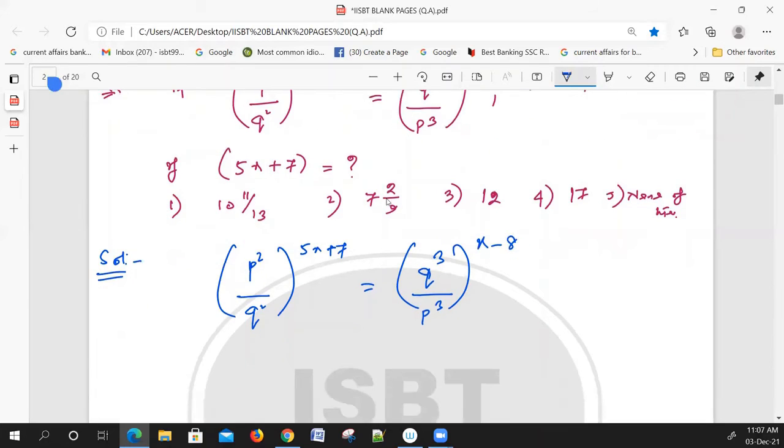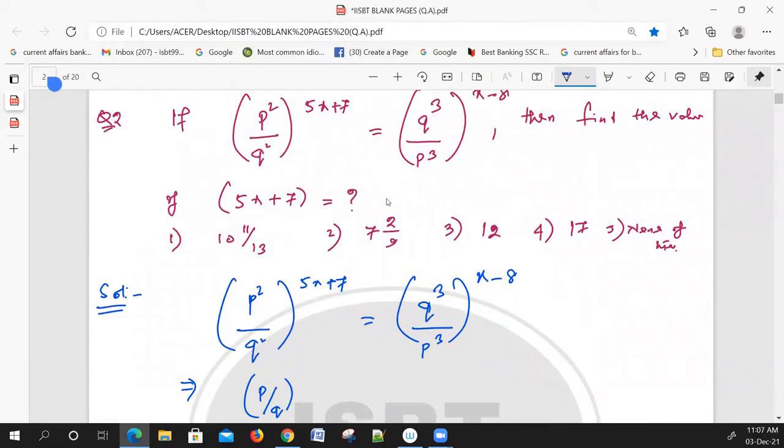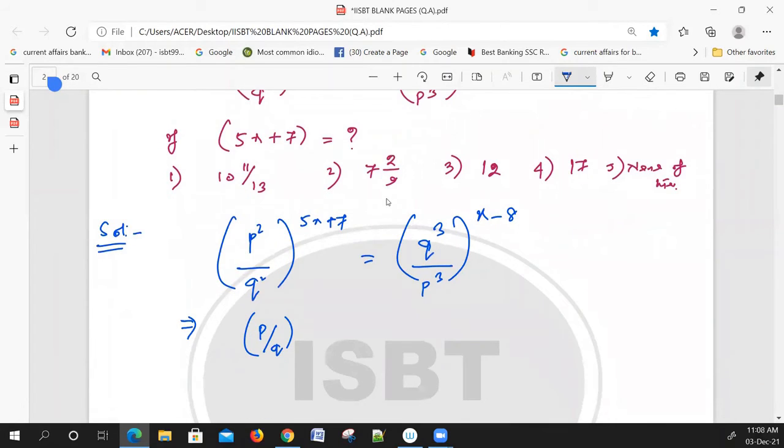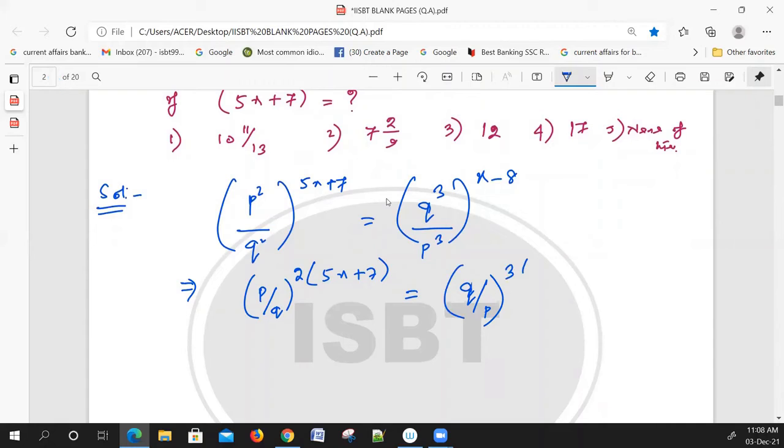Okay, then in the next step, we can write (P/Q) to the power 2 into (5x+7). Like this. On the right-hand side, we can write (Q/P) whole to the power 3 into (x−8).